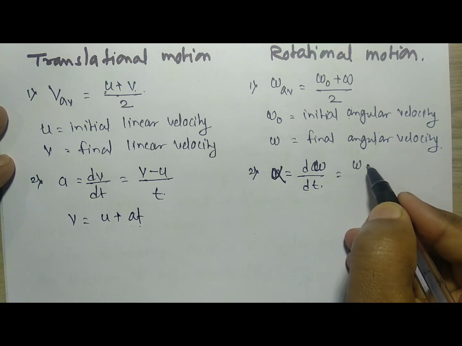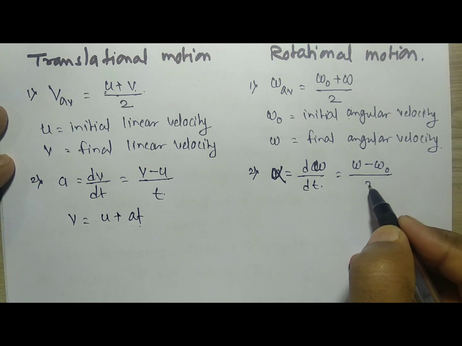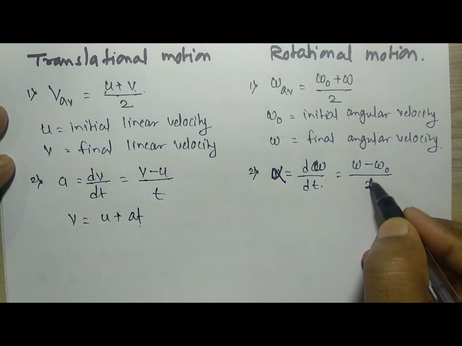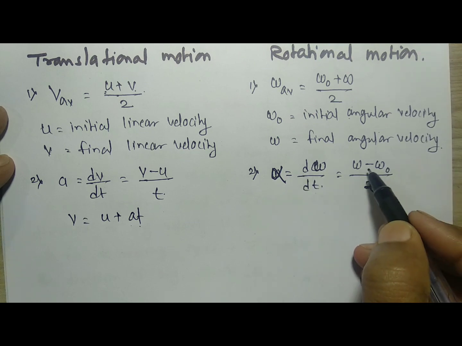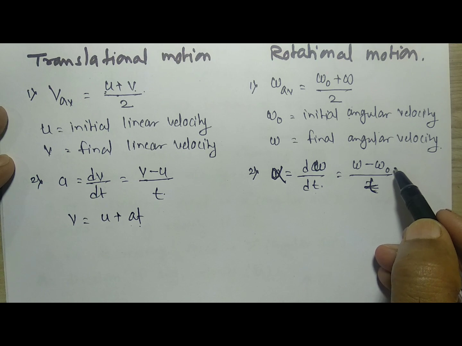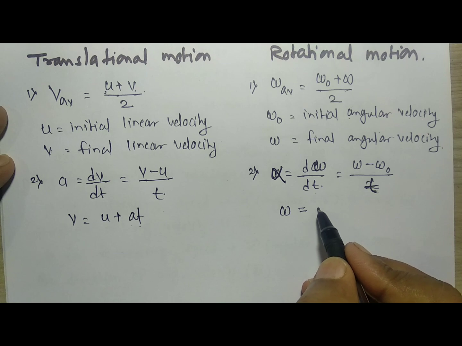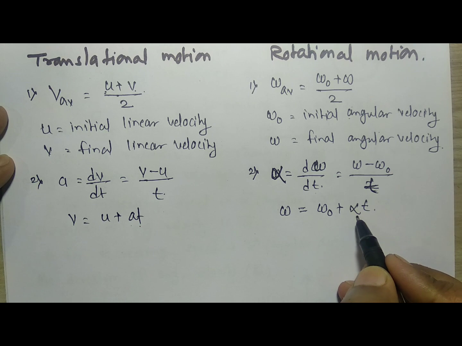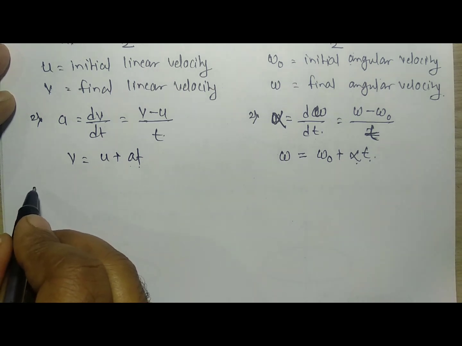It is the change in angular velocity, that means final angular velocity minus initial angular velocity, divided by time. You will get the final angular velocity is equal to initial angular velocity plus alpha into t, where alpha is the angular acceleration and t is the time. This is the second kinematical equation.